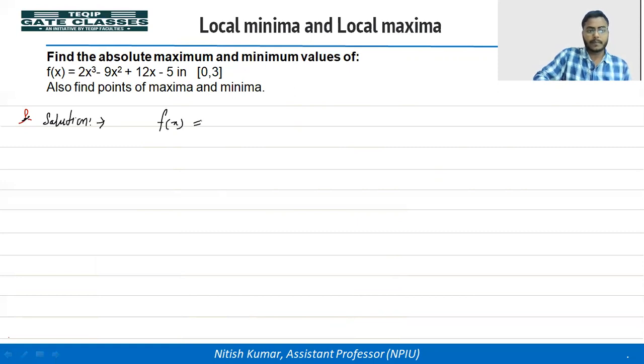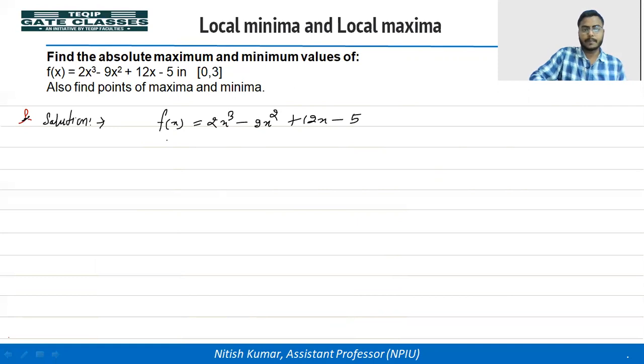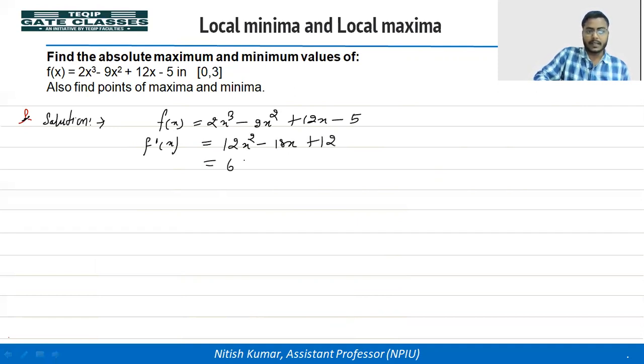Function we have 2x cube minus 9x square plus 12x minus 5. So we can calculate f dash x: 6x square minus 18x plus 12. We can take 6 common.